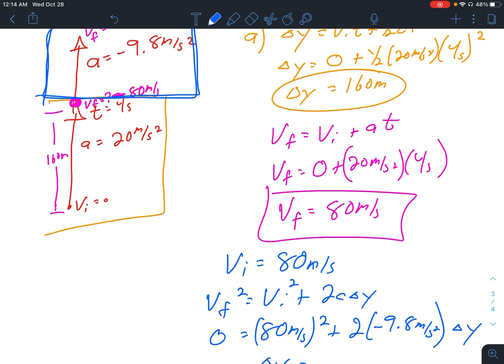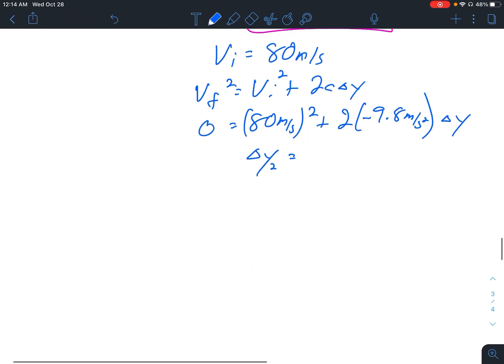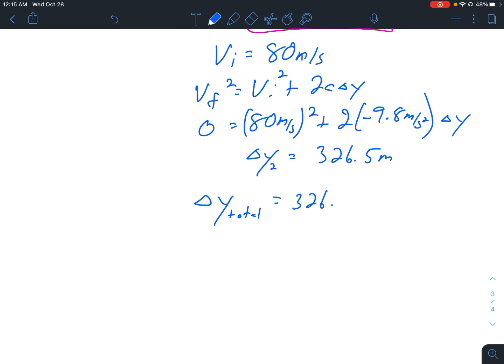And this might be my first stage there. And it's going to be 326.5 meters. But again, we're not done because we have our 2 stages, our accelerated at 20 and then our accelerated at negative 9.8. So our total travel has to be 326 plus that 160.